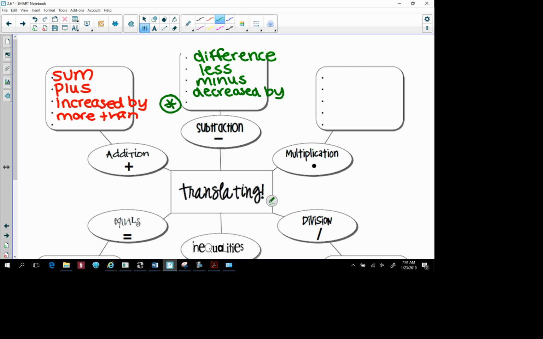And so your two turnaround words, there's actually two, are subtract from and less than. So make sure to star those two phrases because those mean they're turnaround words. And I'll explain that right when we're done.